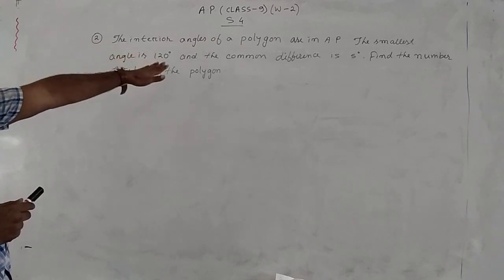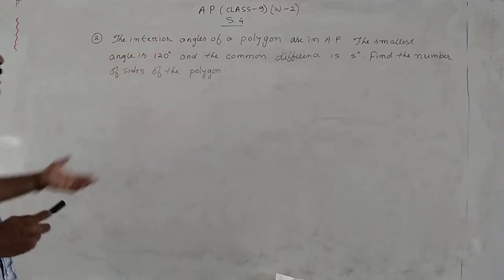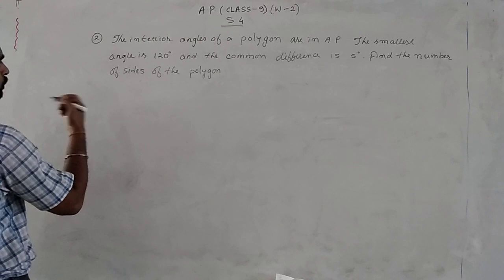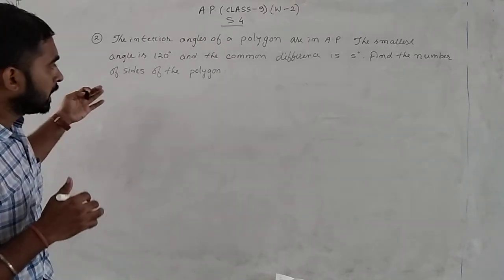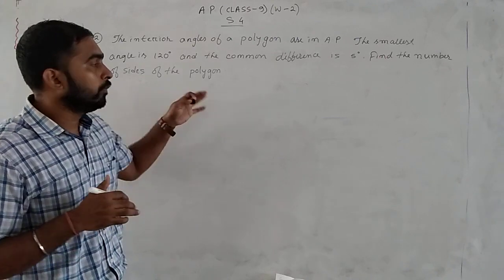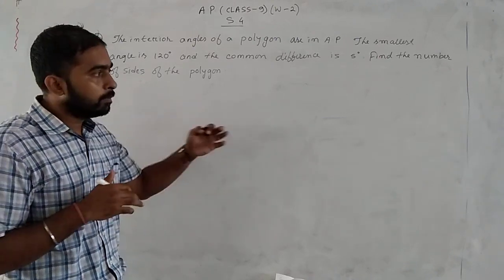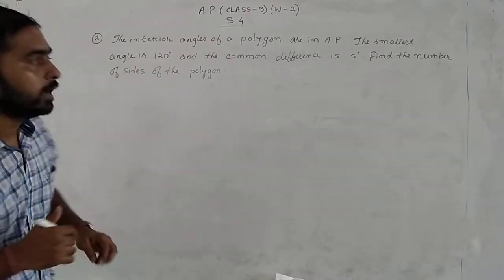In class 9, according to the textbook, we got a formula that the sum of the interior angles of any polygon is given by (n minus 2) into 180 degrees.